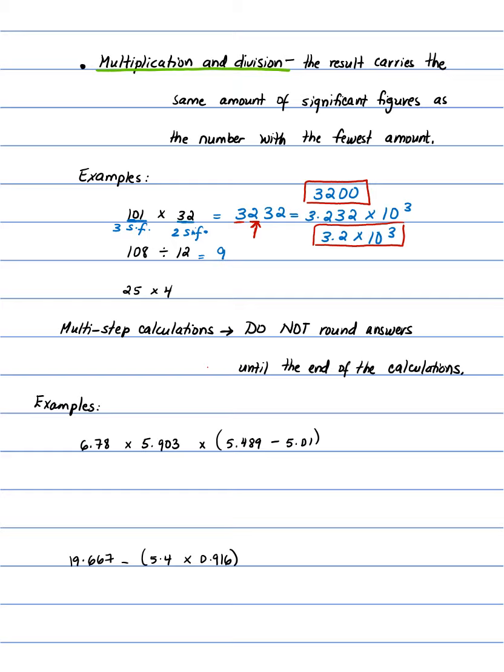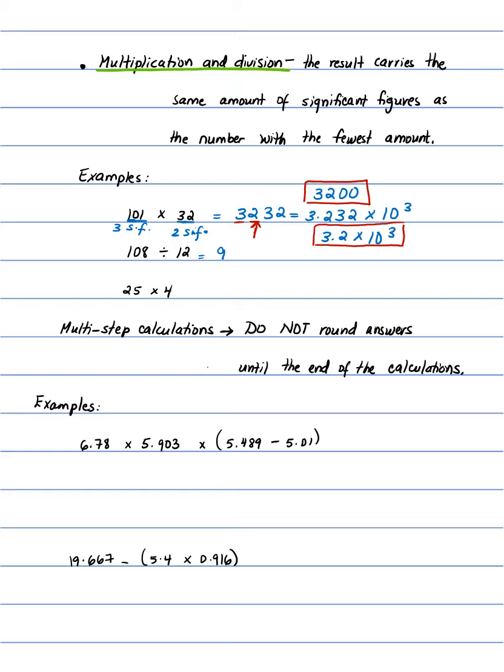Now, you need two significant figures in your final answer because 108 is three significant figures, 12 is two significant figures, and you need to have in your final answer as many significant digits as the number with the fewest amount, which in this case is 2.